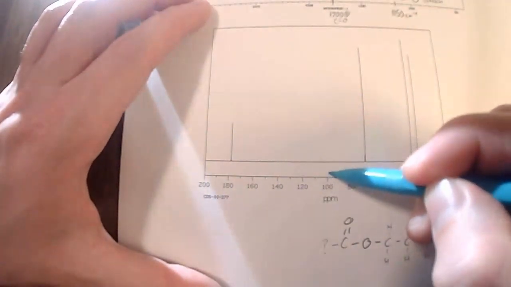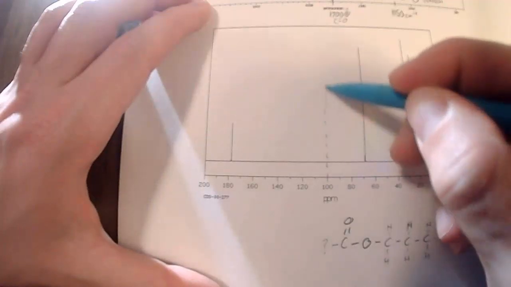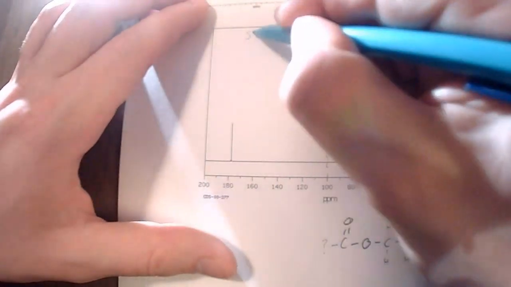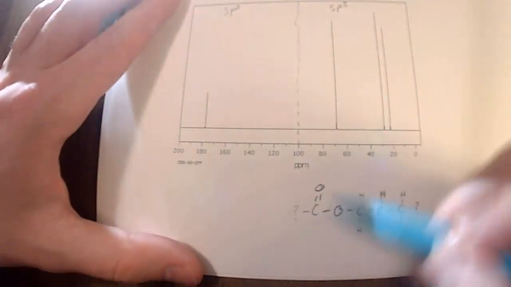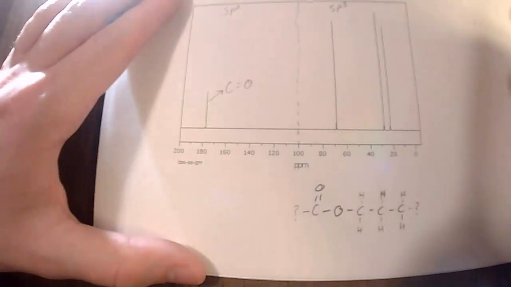So we know that this is split; typically we see sp3 upfield, sp2 downfield. Well, lucky for us, we do have sp2, this carbonyl carbon, which is very likely what this peak is showing, carbonyl carbon.